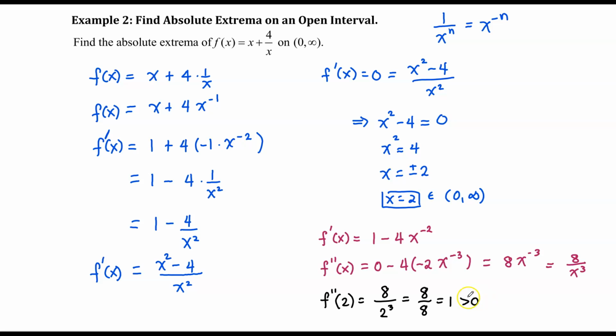So again, if it is greater than 0, using the second derivative test, that means the graph there is concave upward. If it is concave upward, we have a local minimum. And in this case, since we only have one critical number, using the theorem, that local minimum is actually the absolute minimum.